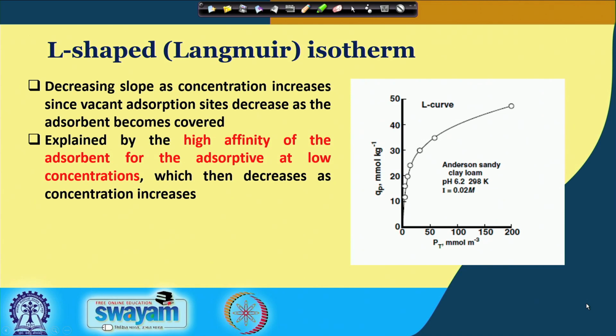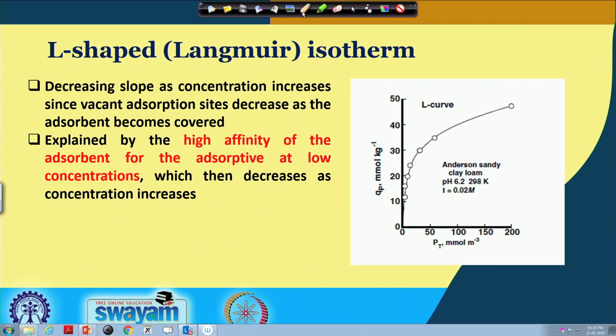Now, another is called the L-shaped or Langmuir isotherm. The Langmuir isotherm shows a decreasing slope as concentration increases, since vacant adsorption sites decrease as the adsorbent becomes covered. You can see here that as the concentration is increasing, the slope is initially high and then it is decreasing.